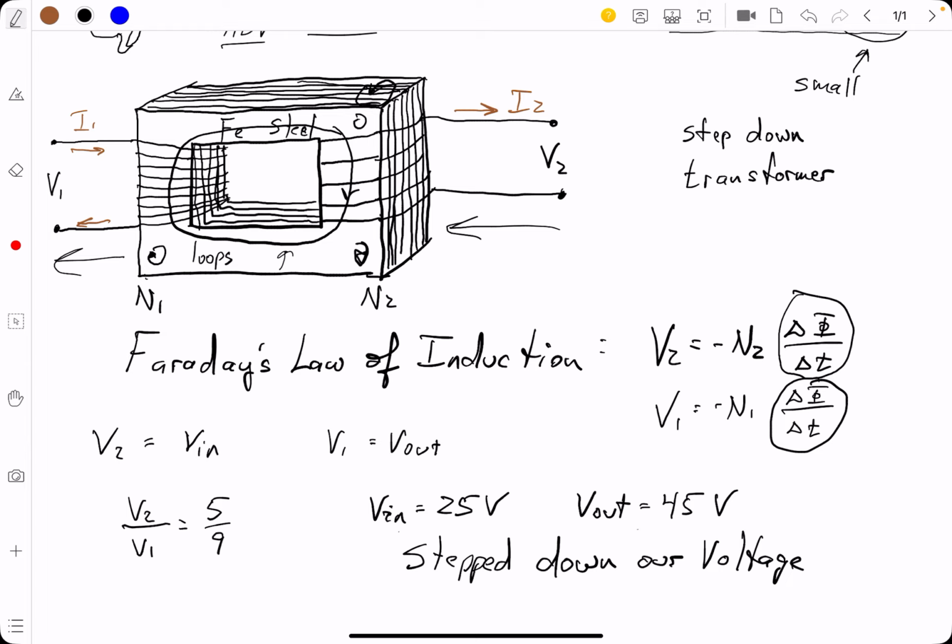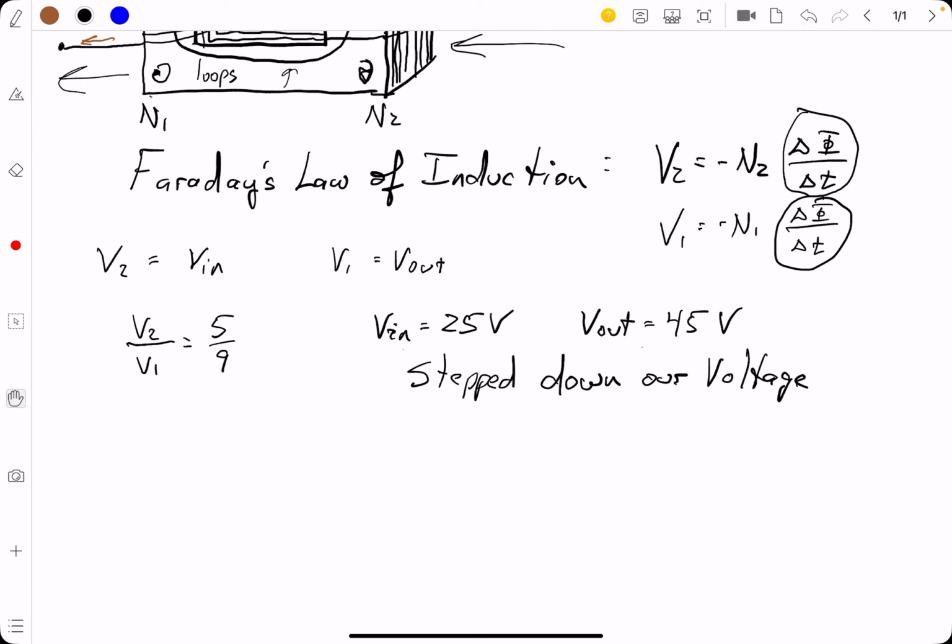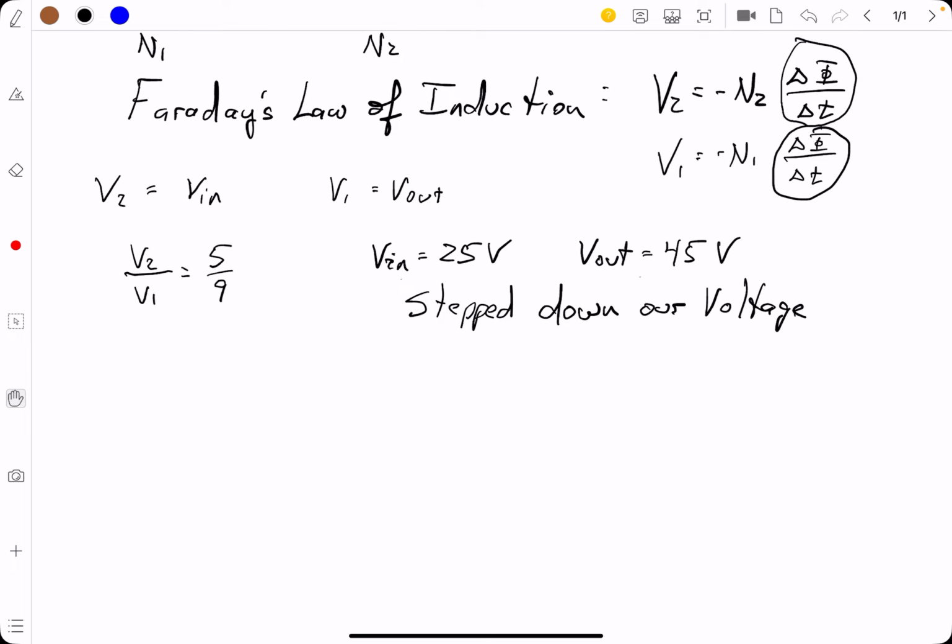They're cheap. They're easy to build. There's a lot of good reasons why you want to use transformers to do all the things that we want to do. So I'm going to draw a line on the page. All right.